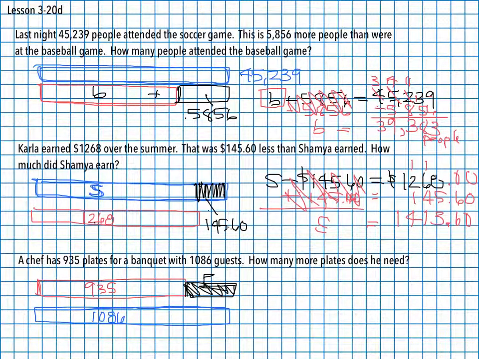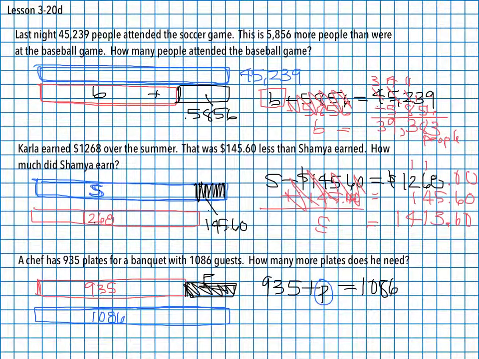So now, let's look at our formula. Does this make sense? Our situation equation, we're going to have 935 plus P for plates is equal to 1,086. Now, what do we need to do? We need to get our variable all by itself.